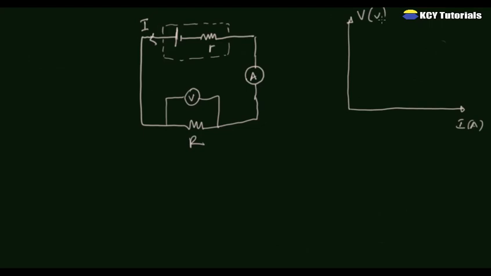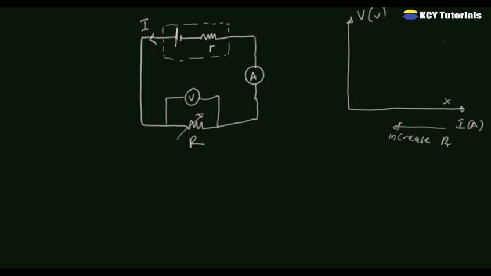Now what we find is this, that if we start here with a very big value of current, we're not going to have so much voltage here across the resistor. But if we let this resistance be a varying resistor, and then we increase its value with time, as we increase the resistance, what we are going to notice is that the current is going to reduce in the circuit.